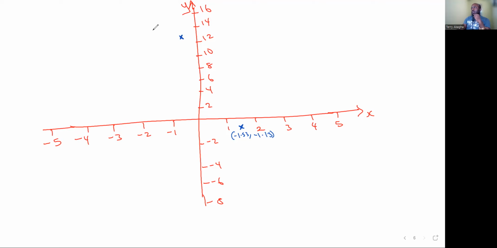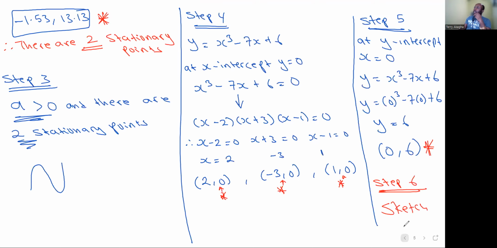So sketching, we have minus 1.53 and 13.13. So this is the second point. Now the next one we found is the x-intercepts to be 2, 0, minus 3, 0, and 1, 0.